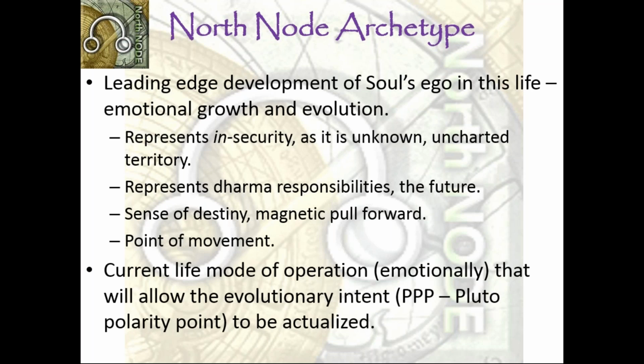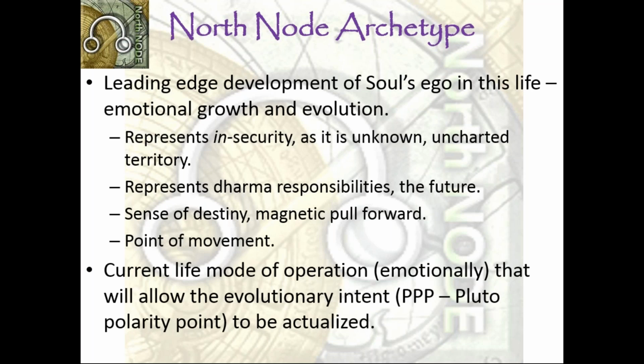But the North Node archetype in general represents insecurity because it is unknown. It's uncharted territory, versus the South Node, where we're coming from. It represents dharma responsibilities in the future. It is that sense of destiny, or that magnetic pull forward we will have on an emotional level.